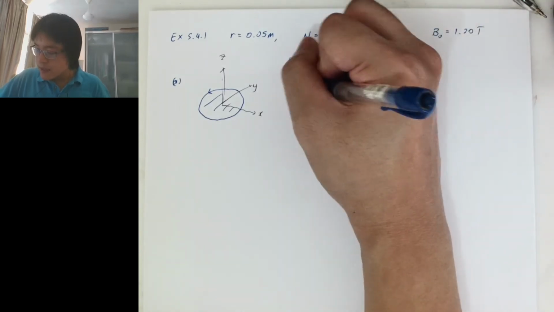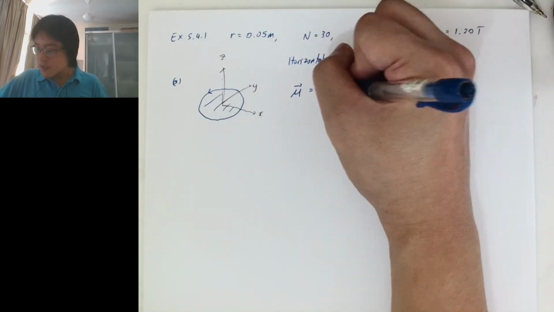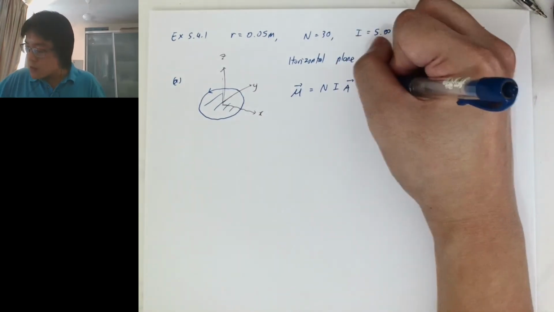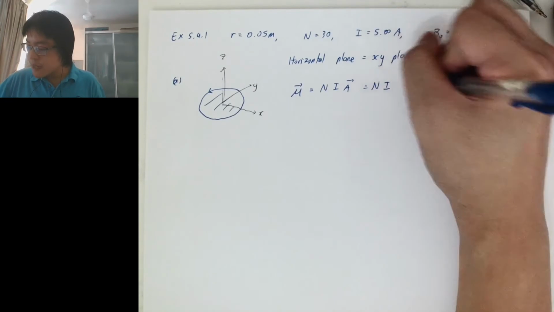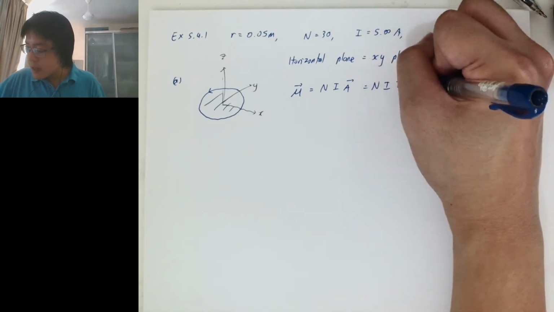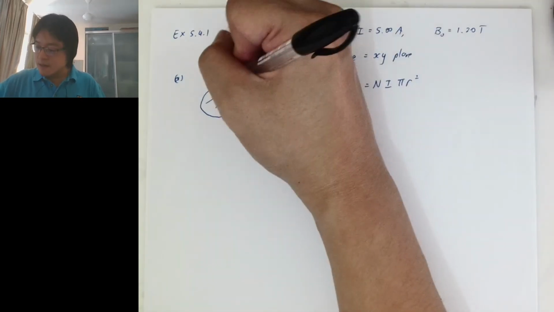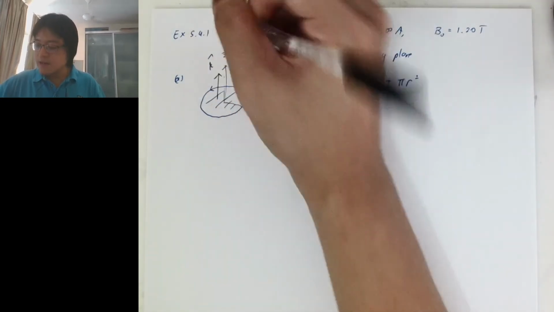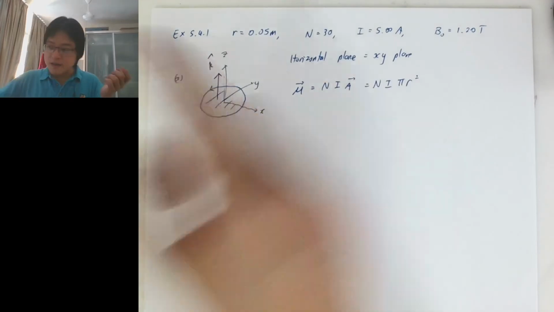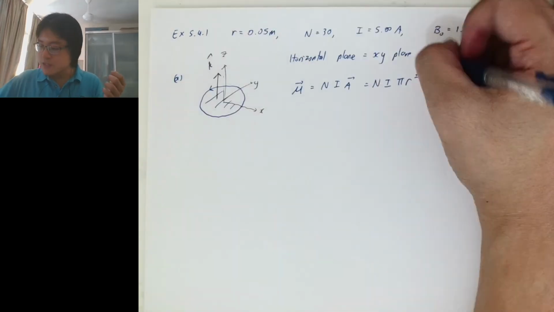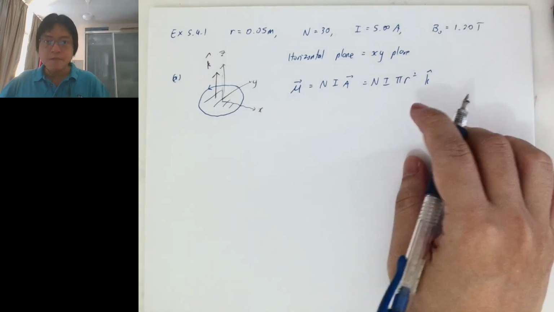So my magnetic dipole moment is n times the current times the area vector. The number of loops is 30, the current is 5 amps, and the area is pi r squared. My area vector is pointing in the k direction. Use the right hand rule, which I forgot to say. So this is pointing in the k direction, by the right hand rule on the wire.